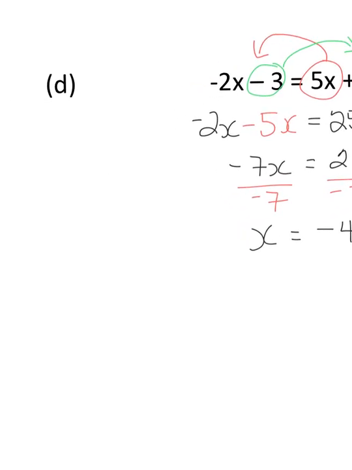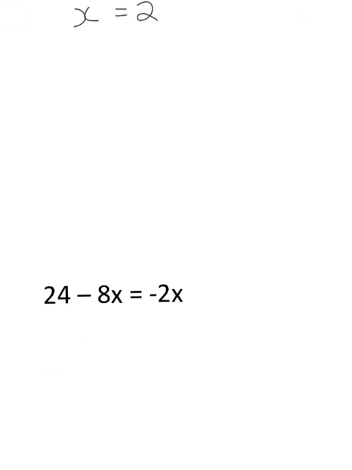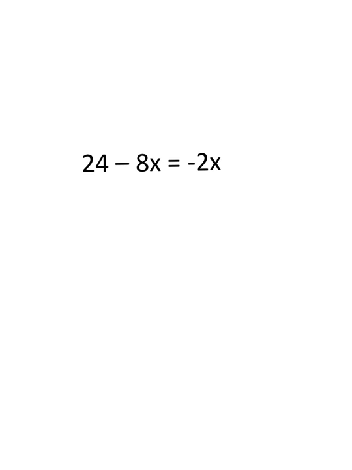Let's come down here to letter E. Not a lot of movement on this one because we only have 3 terms. There's a couple ways you can do this, but since we're putting variables on the left, we'll keep doing that. So I'm going to take this 24 and move it to the other side.